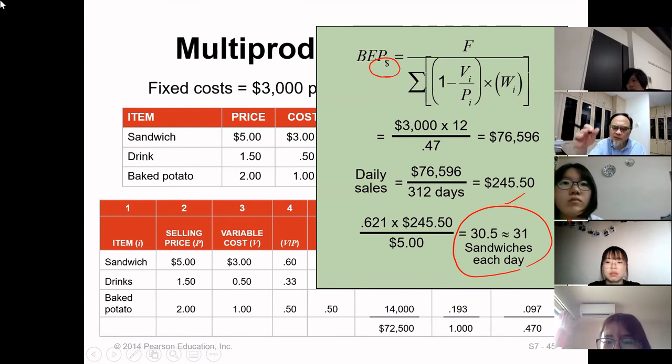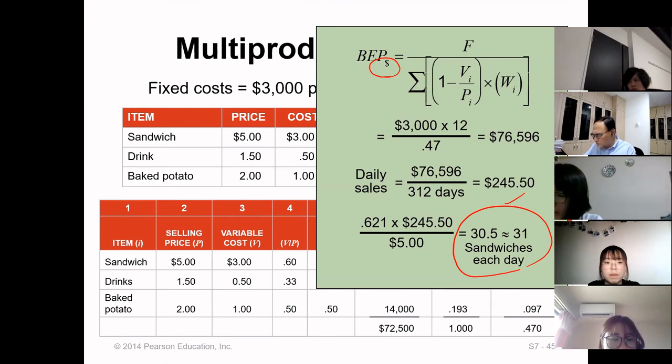This is for multi-product, where you want to know the best combination of these three different products. This is shown in the example in the book as well.